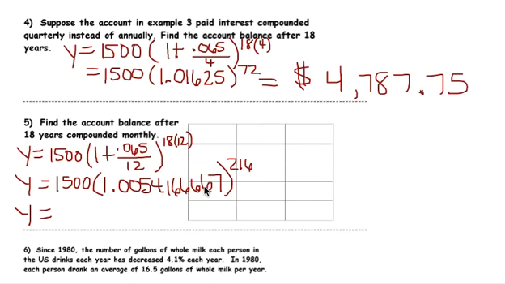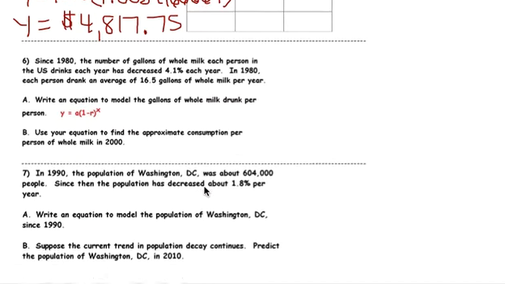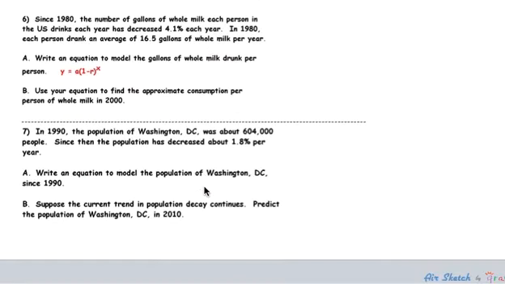So I don't think it really matters. All right, Samira. 4,817.75. $4,817.75. Yes, very good. Okay, just got 2 more. Y'all doing okay? Okay, number 6.